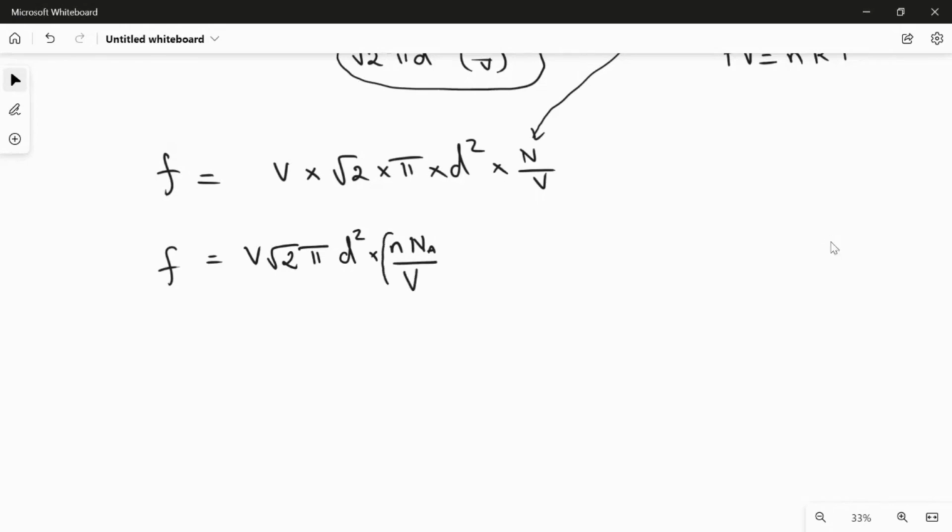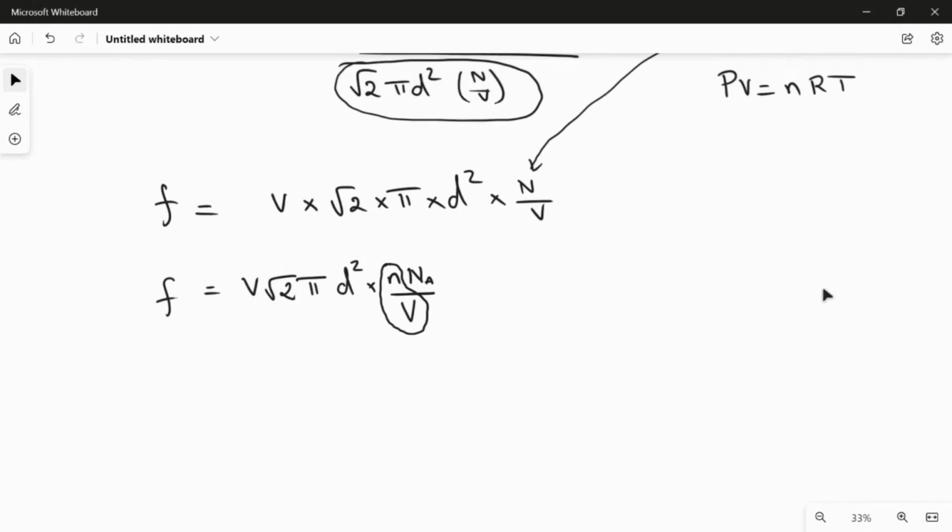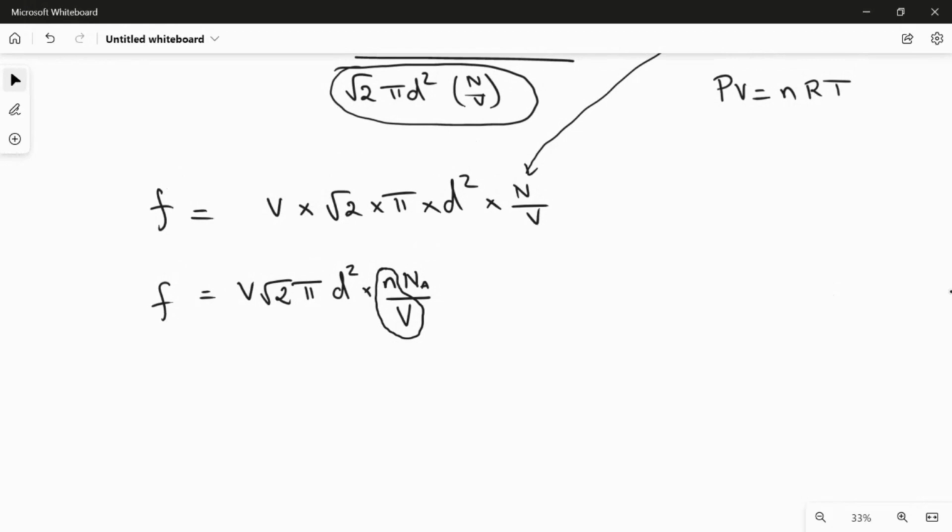Here I have to do some substitution in this place. For that I'm going to take the ideal gas equation. What is this ideal gas equation? Pressure times volume is equal to the number of moles multiplied by gas constant multiplied by temperature. If you rearrange this equation, the number of moles over volume, n over V, will give the value of pressure over RT. So I have to take this and substitute here.